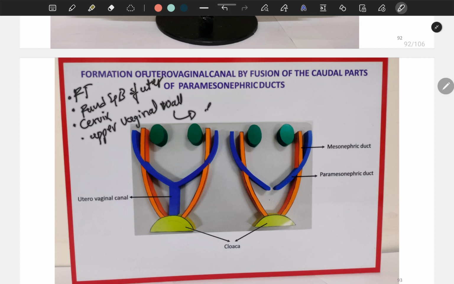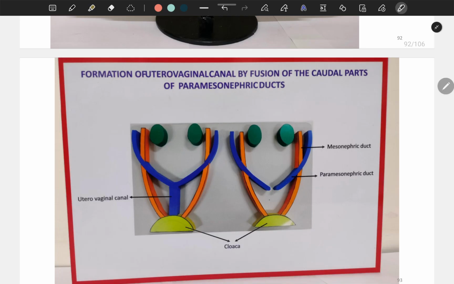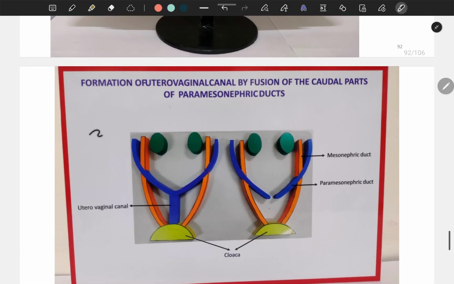Formed by which, endoderm? Okay, because the vagina comes here somewhat, which is formed by the urogenital sinus, formed by endoderm.